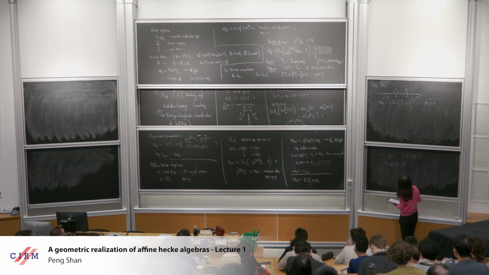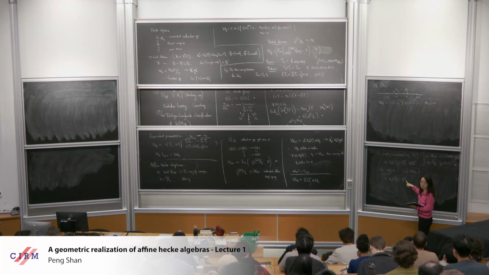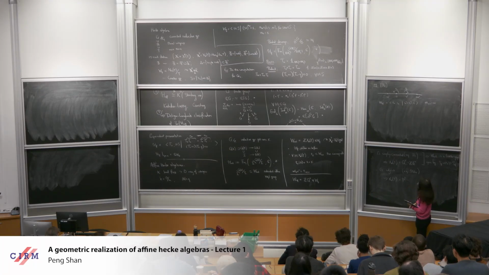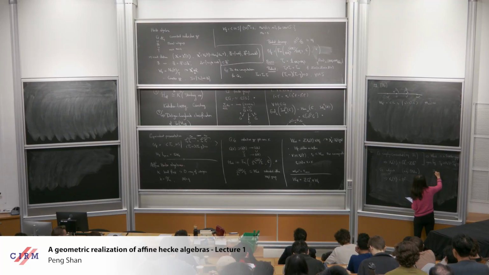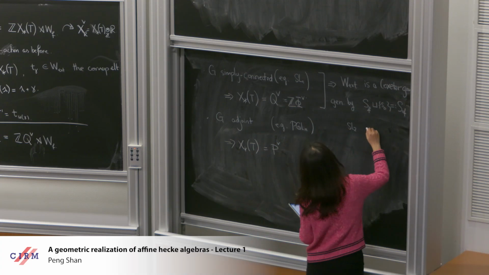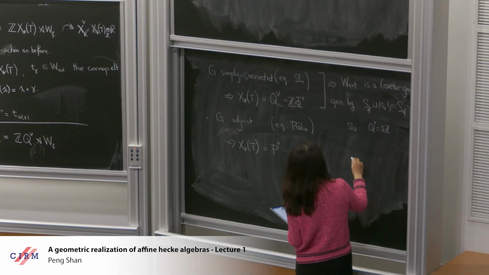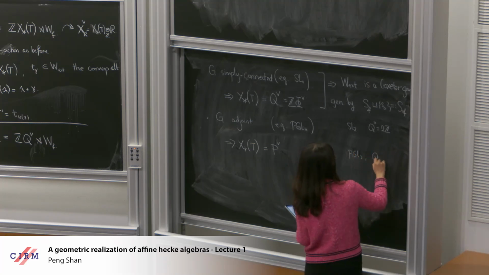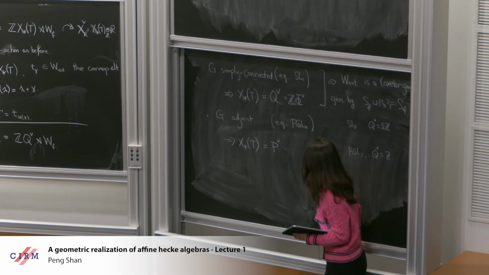I'll not go into detail on this. The difference between this and this is that here you get a larger lattice, which is P check. So in the case of SL2, Q check is 2 times Z, because it's Z alpha check, and for PGL2, Q check is just Z.